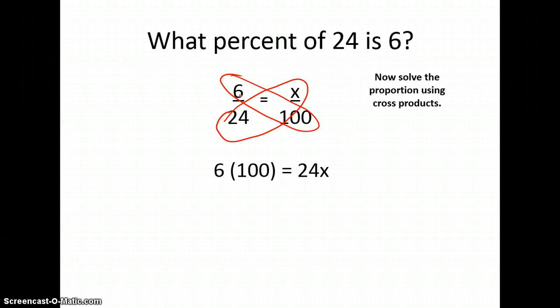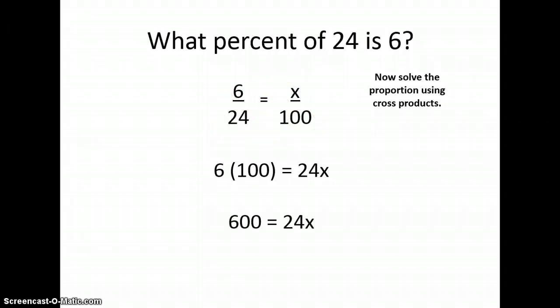As we talked about in the previous unit, cross products in a proportion must be equal in order for it to be a proportion. So now I just have an equation: 6 times 100 gives me 600, which equals 24x. I divide by 24 to get 25 equals x. So my answer is 25%.